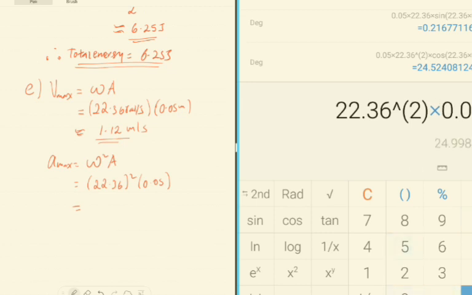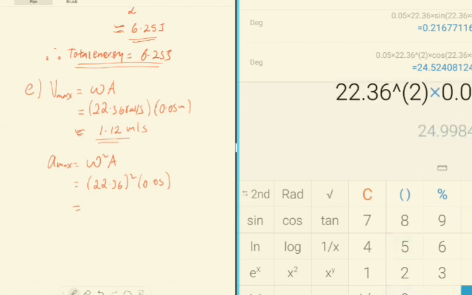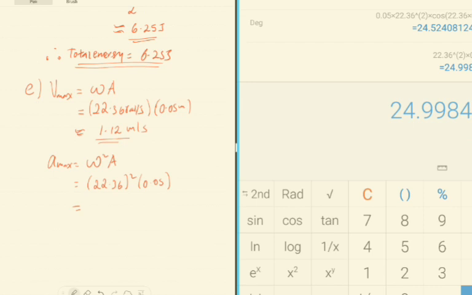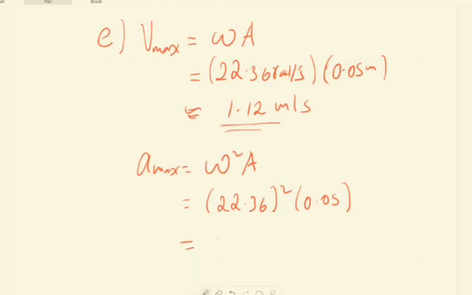Finally you'd get approximately 25 meter per second squared. This would give you the maximum acceleration.